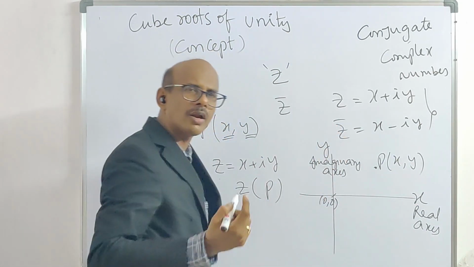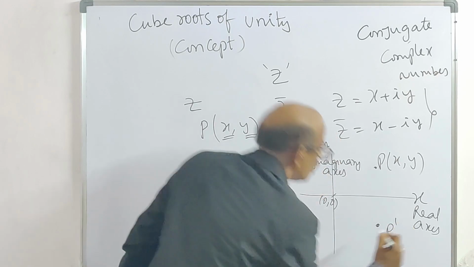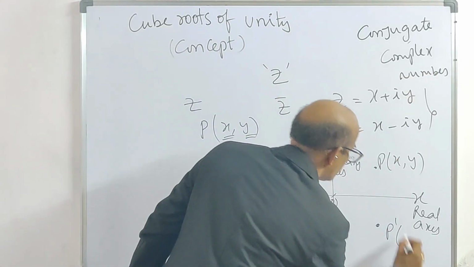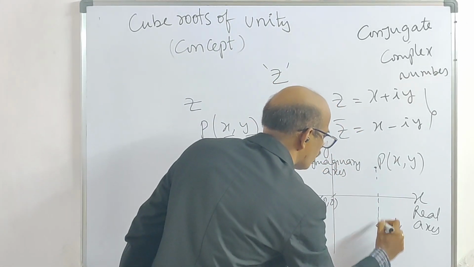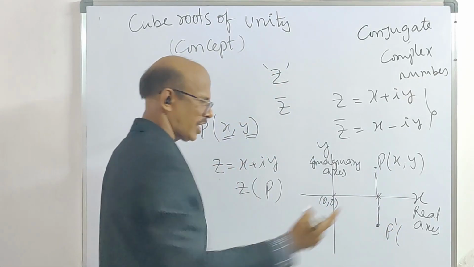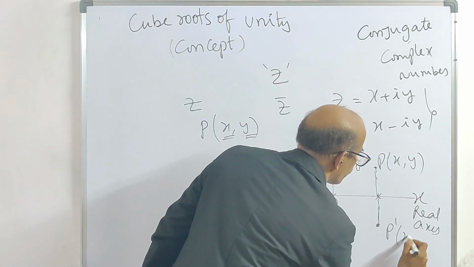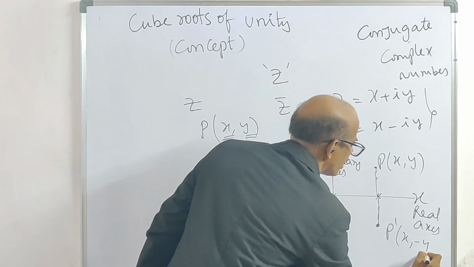So z can be represented as a point P like ordered pair form. Here z bar is simply the reflection or image. If you observe the image reflection property, P dash is the image or reflection of this point P with respect to the real axis. The x coordinate is positive, the y coordinate is negative.